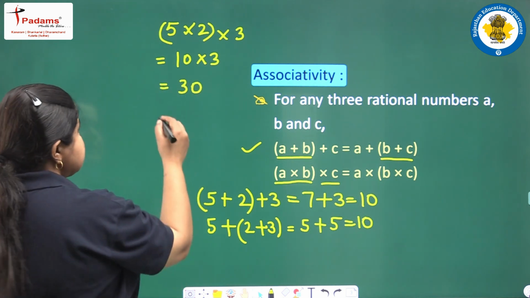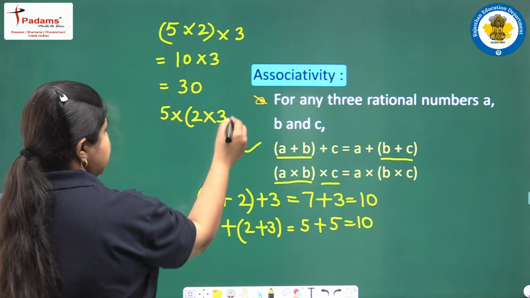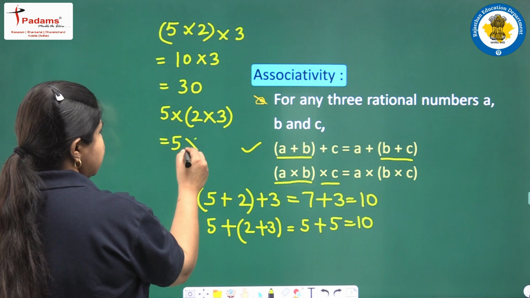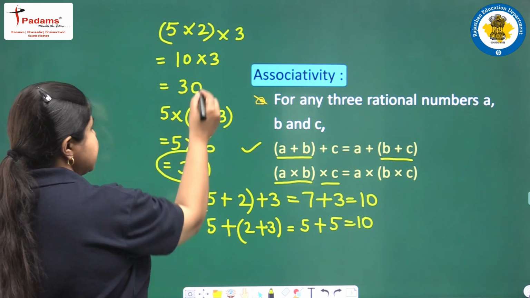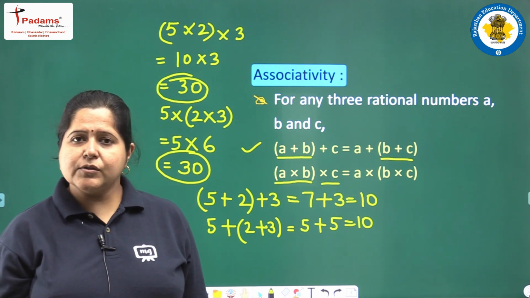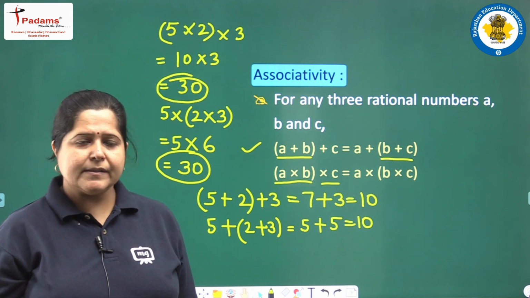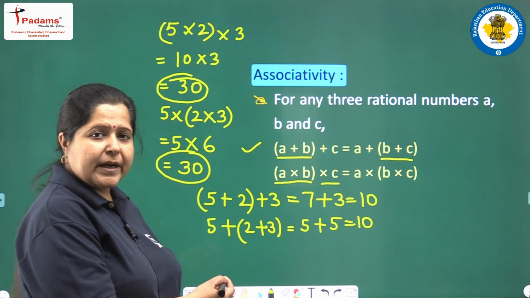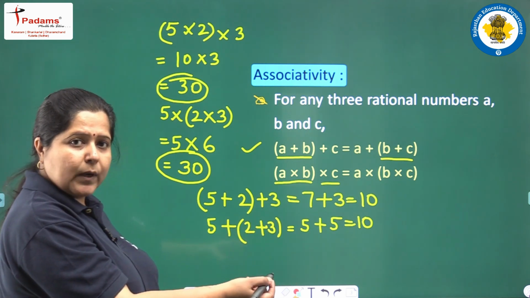And next if I multiply 2 and 3 first, and then 5, what do we get? 5 sixes are 30. Again we are getting the same answers. So again in multiplication also, it does not matter in which pair we take the numbers. The pairing of numbers does not matter. We can take any two numbers first and then multiply by the third one.